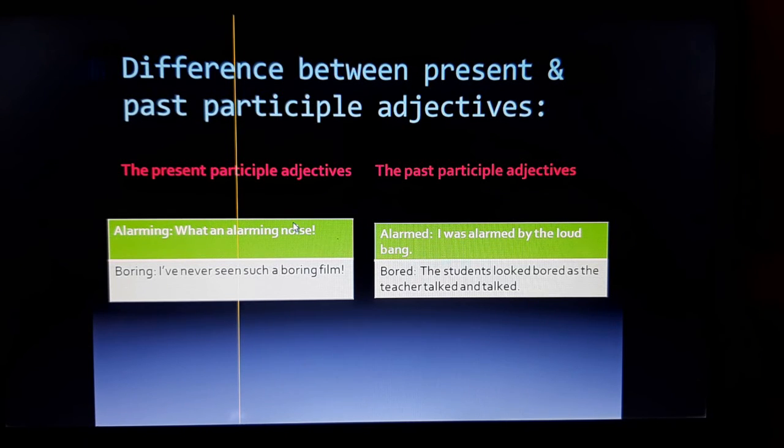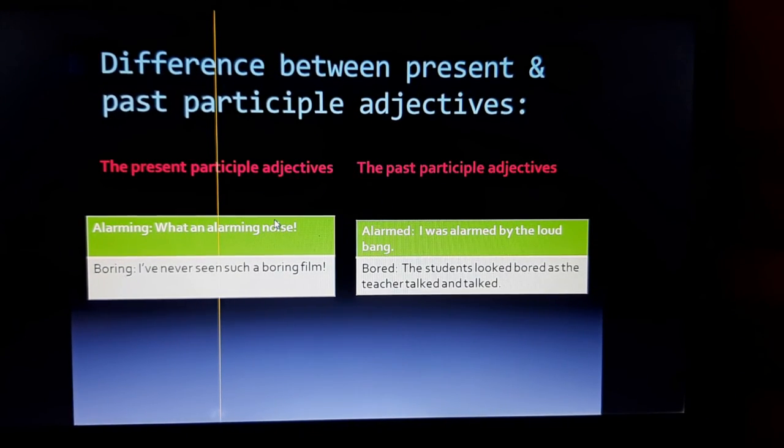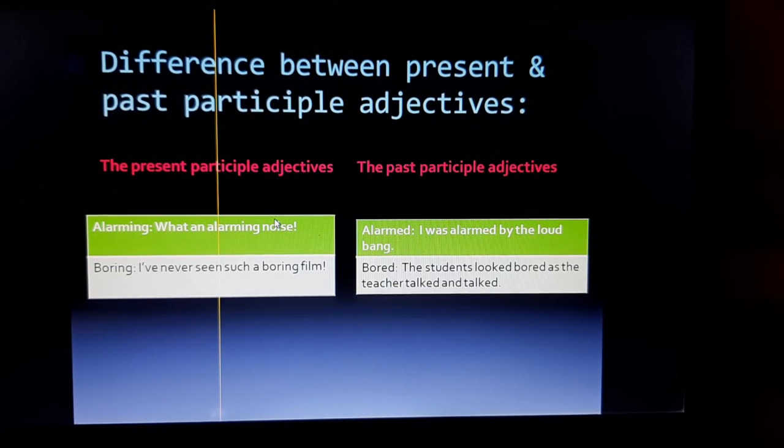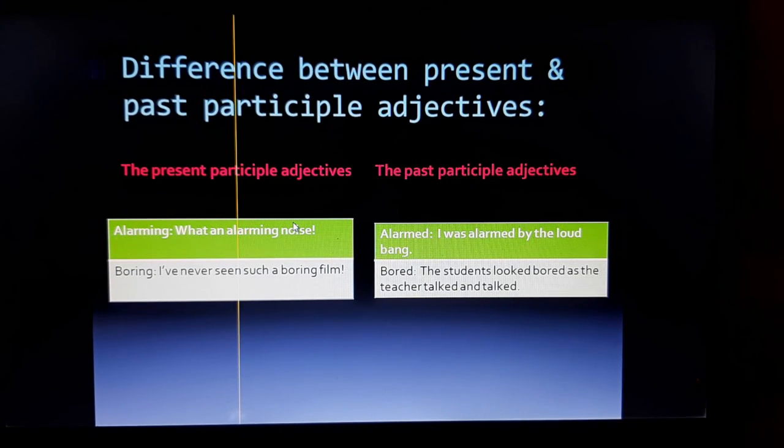On the other side, the past participle adjective: the students looked bored as the teacher talked and talked. The students looked bored. This is also defining the students who are bored. It is also a completed action, in the past participle. So these are two different ways you can understand participle adjectives, the present form and the past form.